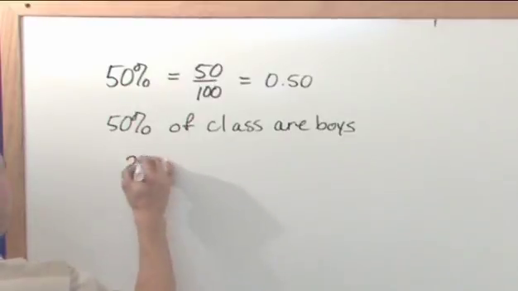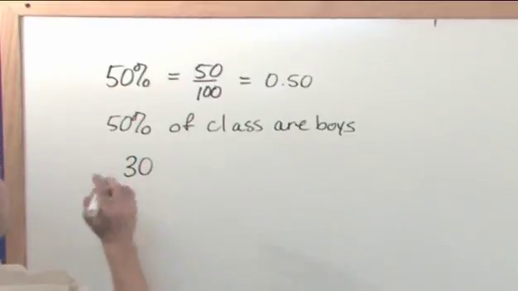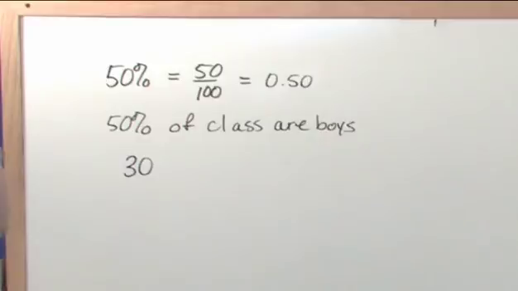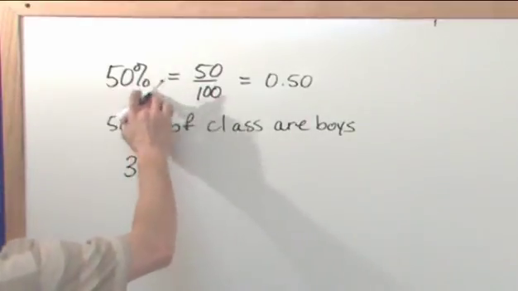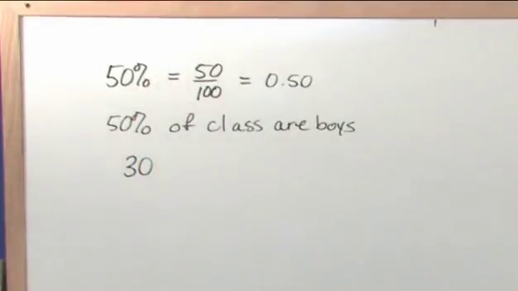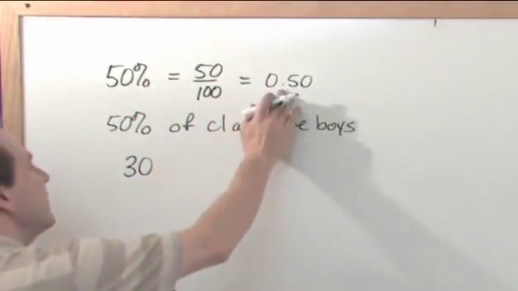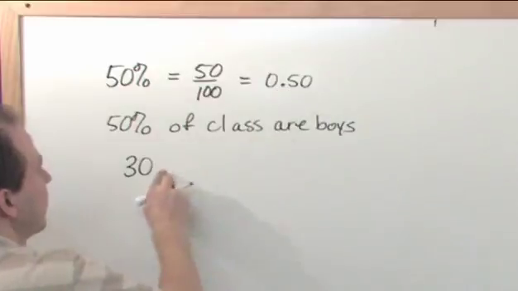So what we're going to have is 30 people in class, and we're going to multiply it by the 50%, because 50% is telling us how many people in the class are actually boys in terms of percent, but you can't multiply by 50 because this is a percentage, and this little percent symbol doesn't really do anything for you when you multiply. You need to use the decimal equivalent to actually do this multiplication.